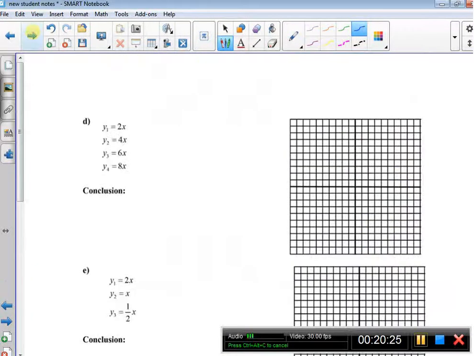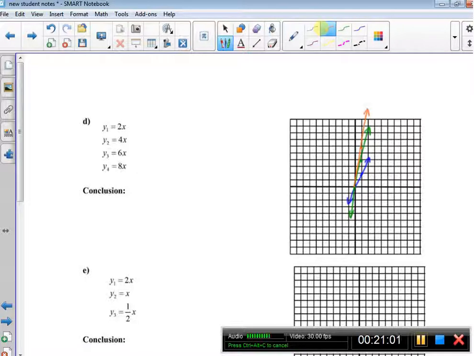Okay? Next, and you could grab all these in your calculator as well and compare them. 2x, 4x, 6x, and 8x. Well, what happens here, if you start with 2x, it's up 2 over 1, okay? And then if we then go to 4x, that's up 4 over 1. And then 6 is 1, 2, 3, 4, 5, 6 over 1. What happens there?